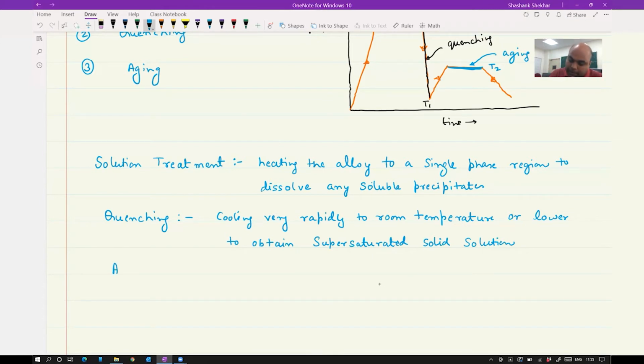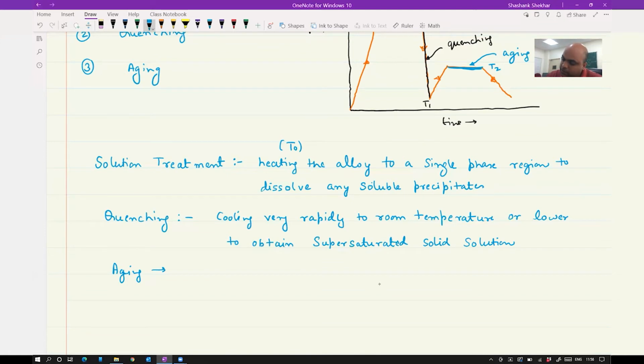So after you quench it, you have to age it. So when we do solution treatment, I told you heating we are going to do at T0, right? I will use the phase diagram to explain this.